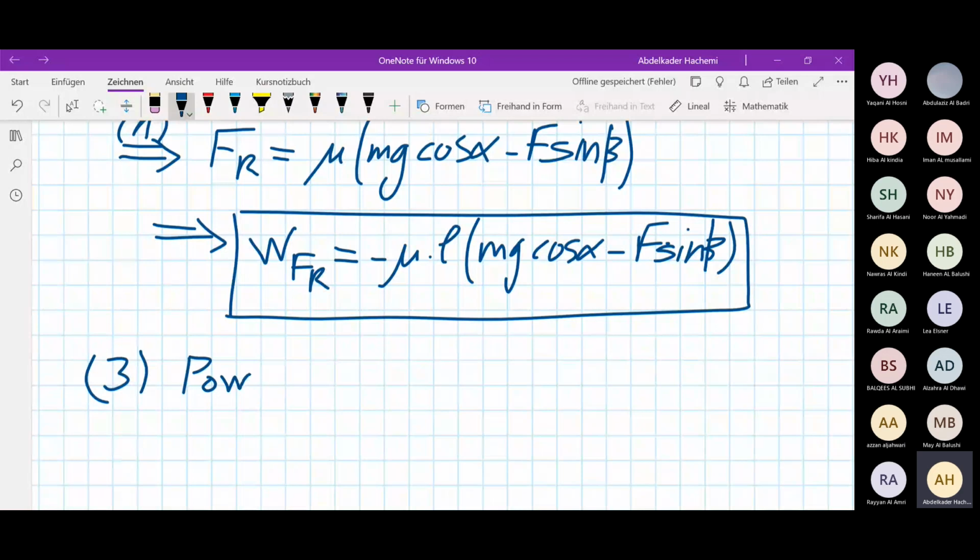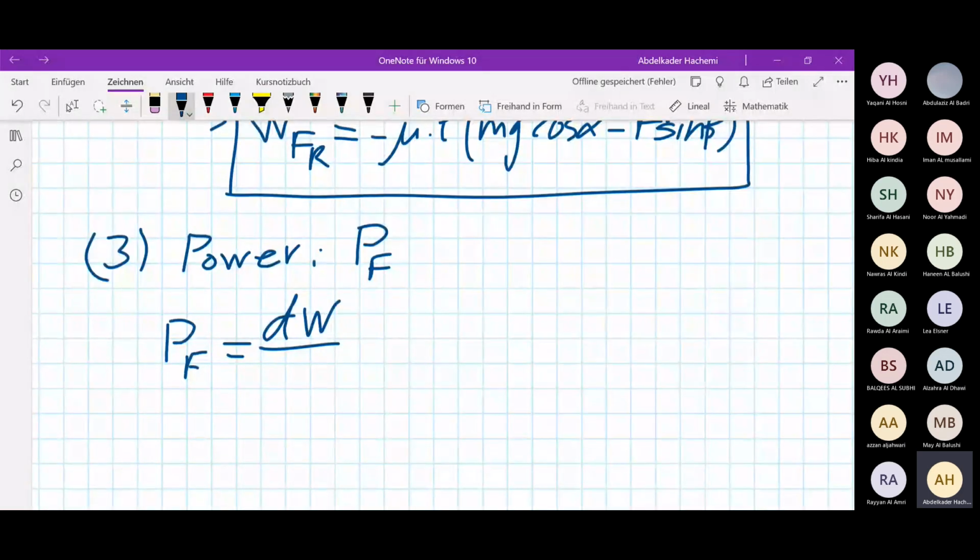Then P_F in general is defined by dW divided by dt.